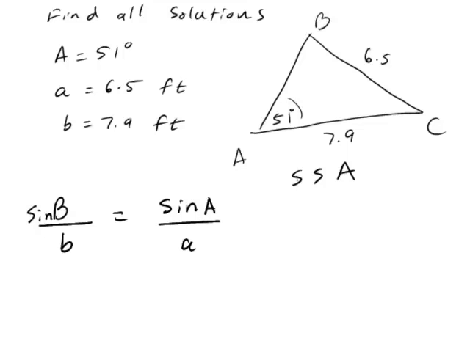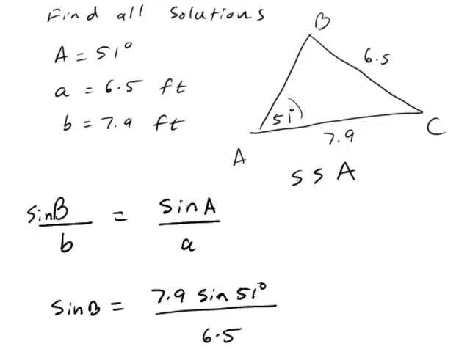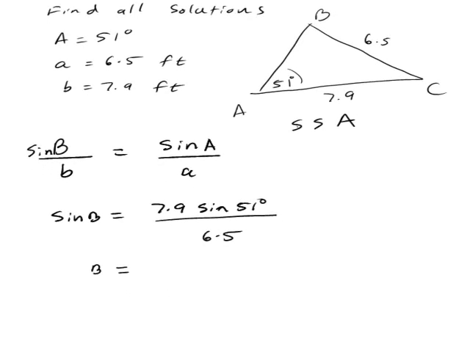Okay, and so I find that the sine of B is equal to side b, which is 7.9, times the sine of 51 degrees, all divided by a, which was 6.5, and so B is going to be equal to the sine inverse of that quotient, 7.9 times the sine of 51 degrees over 6.5.